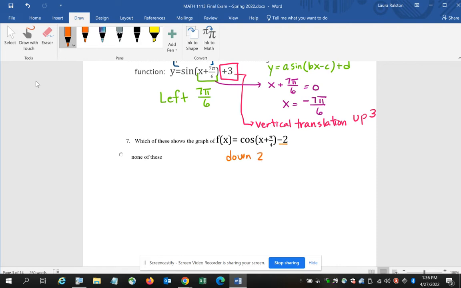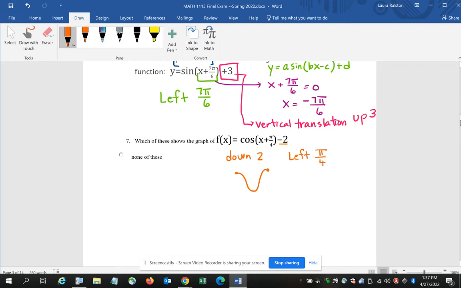I also know it's going to be shifted left pi over 4. Cosine normally starts at (0, 1) and then ends at (2 pi, 1). That's the basic shape of a cosine.